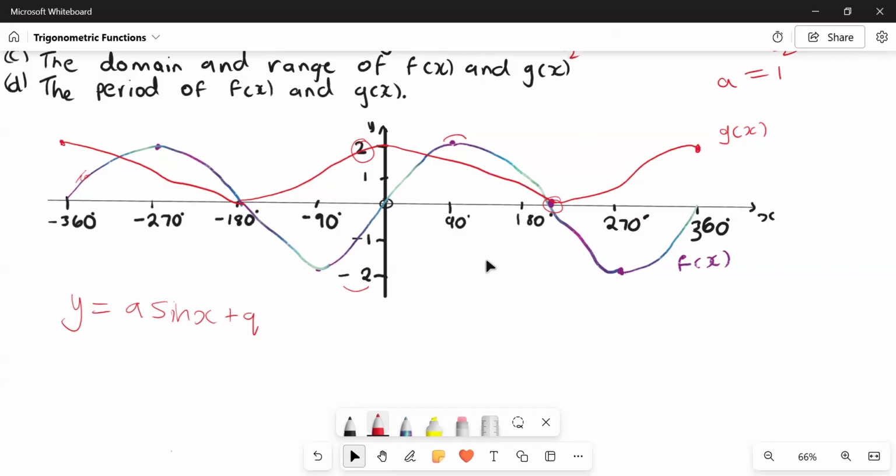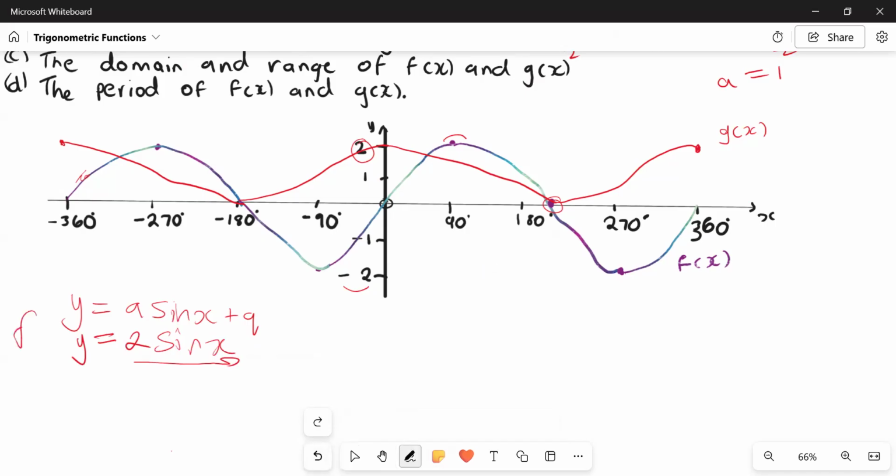Our amplitude is 2. So in place of a, we substitute 2 sine x. Are we having a vertical shift for the sine graph? No, our graph is at the origin, 0, 0. So y is equal to 2 sine x plus 0, because it's at the origin. So your graph would be y equals 2 sine x. This is the equation of f.